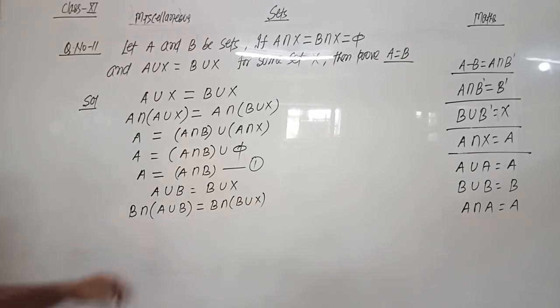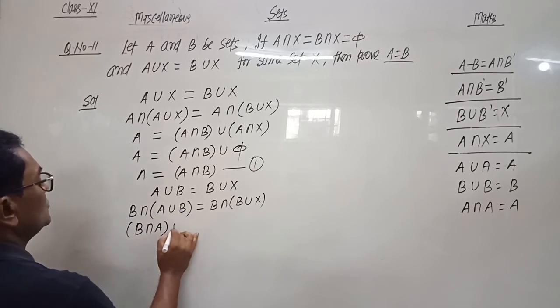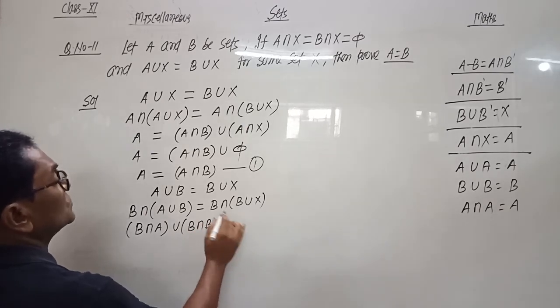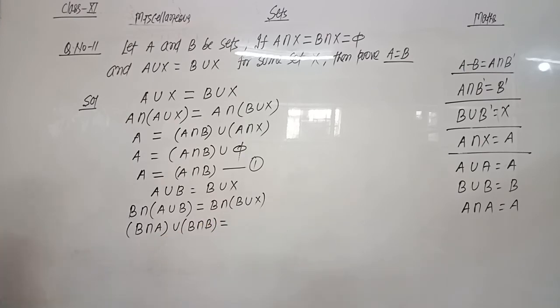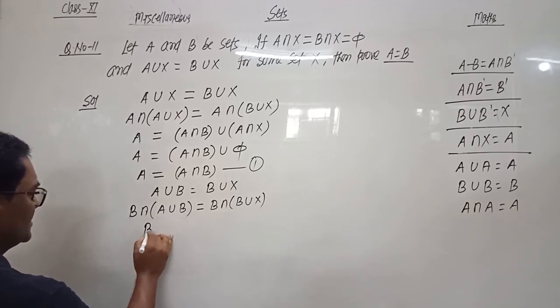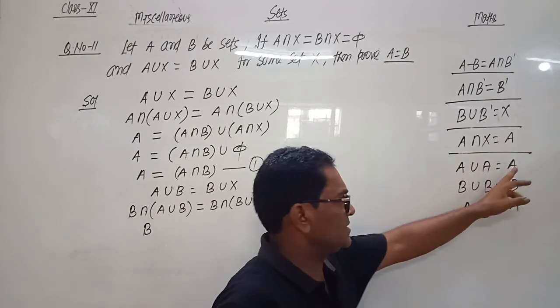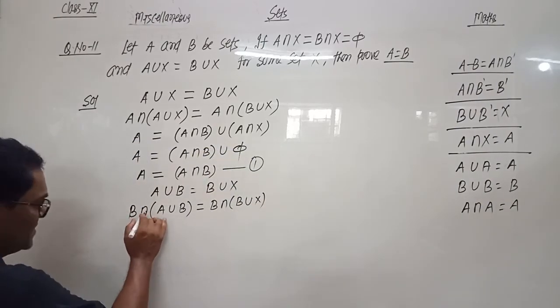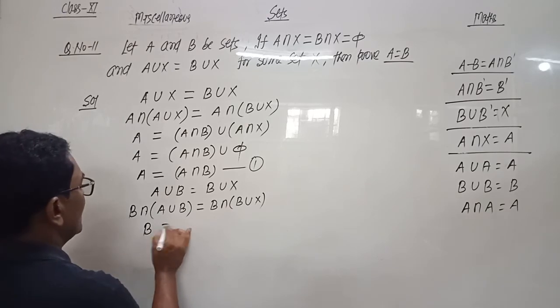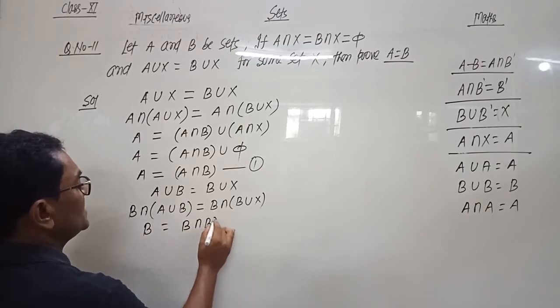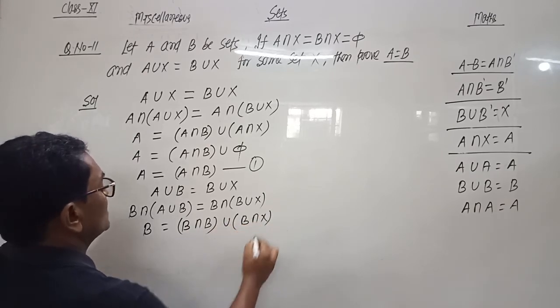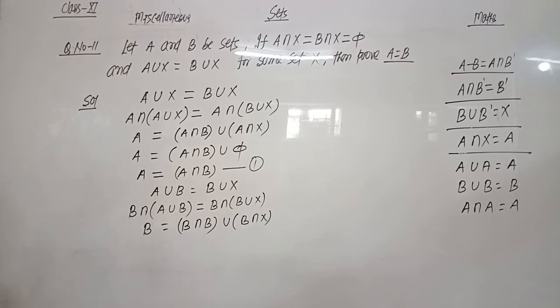Now here we use the distributive property, and we write (B intersection A) union (B intersection X) equals (B intersection B) union (B intersection X). B intersection X is given as phi.